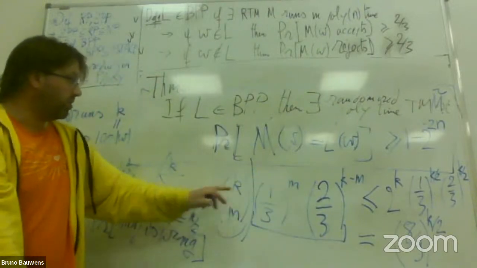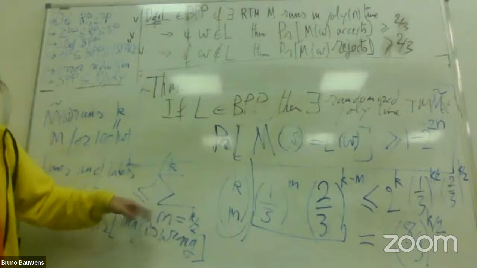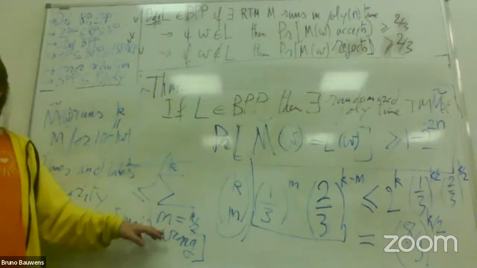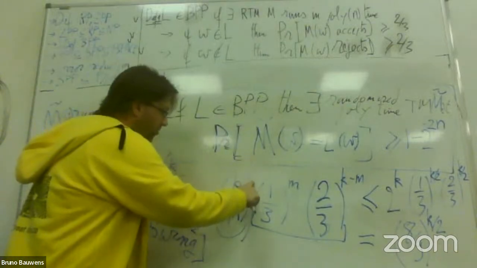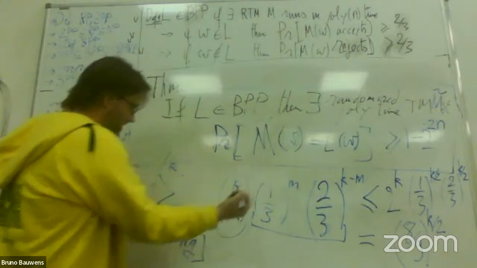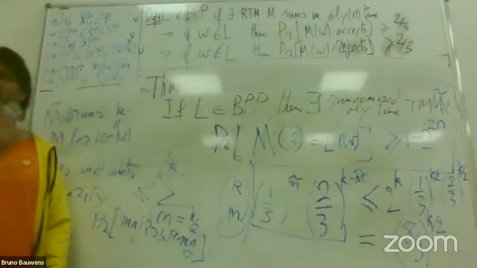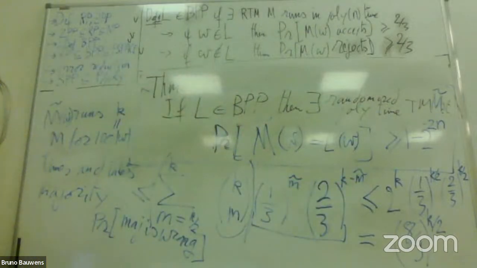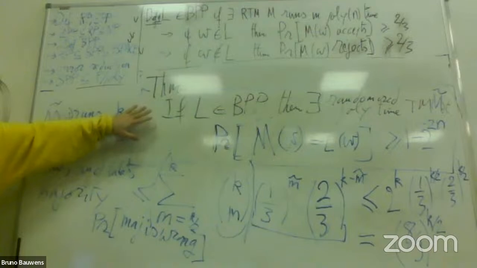And the sum of binomial coefficients is 2 to the power k. And here it doesn't matter if we take more than half of the terms, it's still 2 to the power k. But this is not fully correct, so I can write m tilde here, and you understand the worst case. So now the proof should be clear.